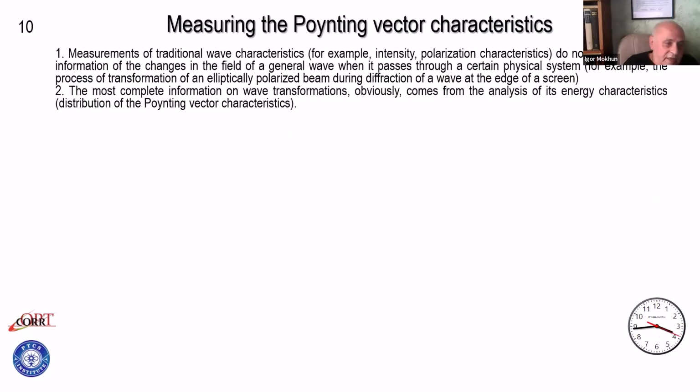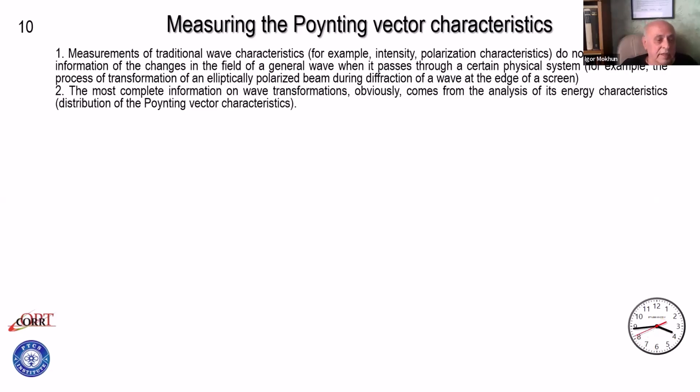Thus, we can state that measurements of traditional wave characteristics, for example, intensity and polarization characteristics, do not give complete information about changes in the field of a wave of general kind when it passes through a certain physical system.